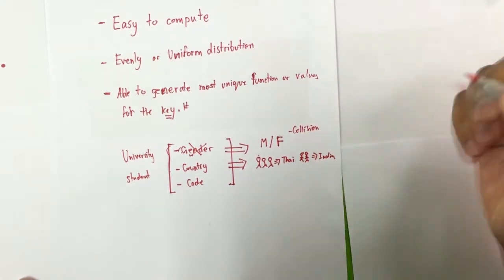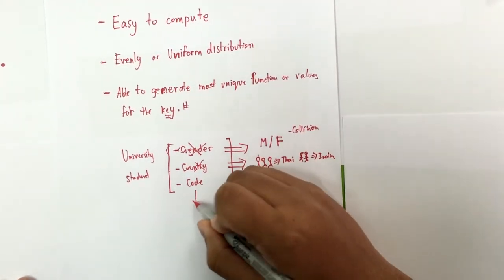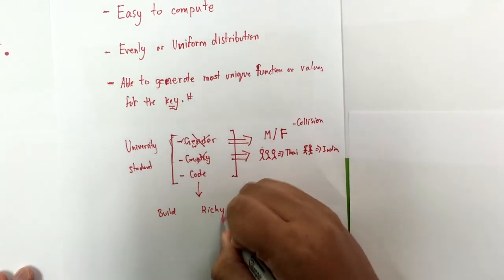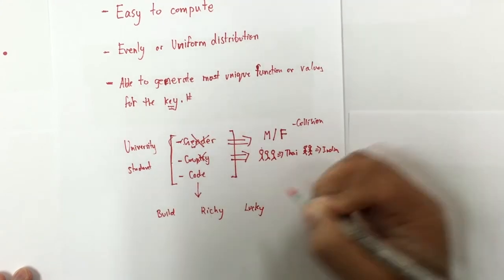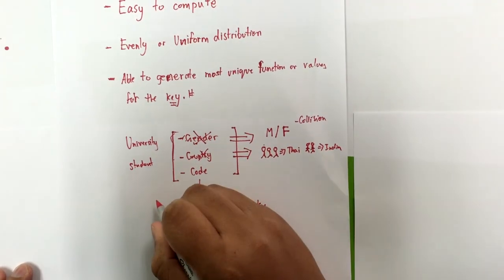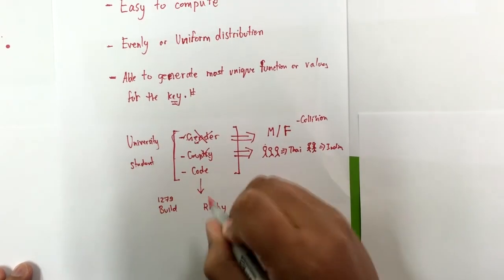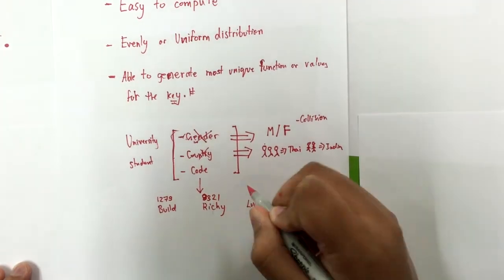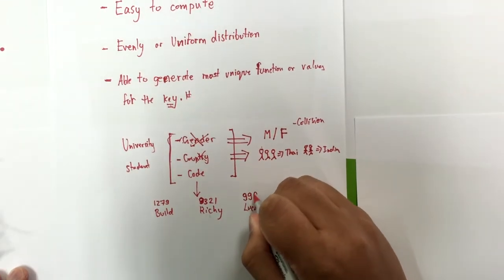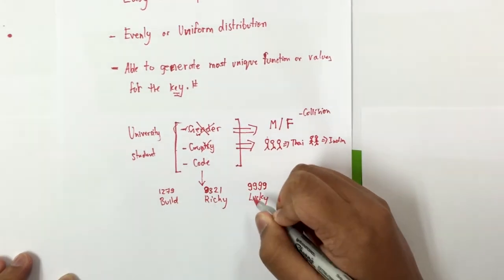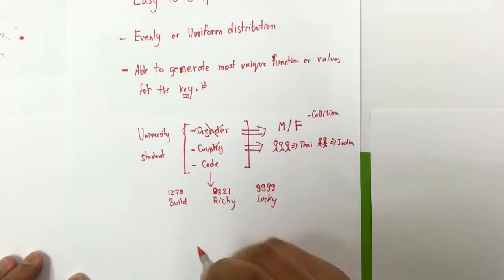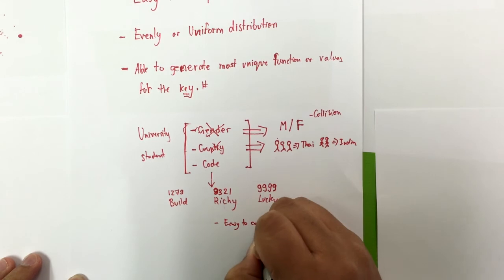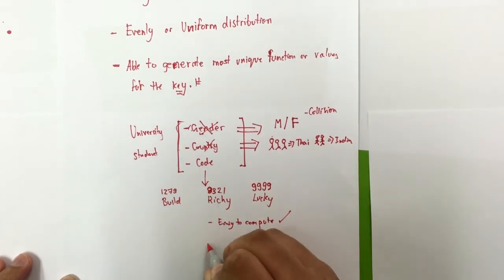But grade code, on the other hand, will be a good hash function, because each student has a unique and different ID code. For example, Build, Richie and Lucky would each have a code: Build would have 1279, Richie 8321, and Lucky, let's say, 9999.